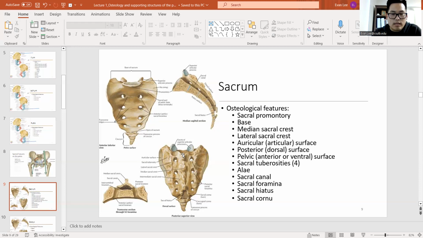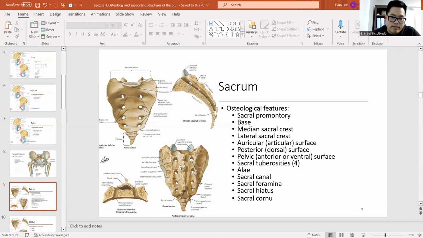So median sacral crest, that's going to be going right down the midline of the sacrum with these prominent bumps. And the lateral sacral crest, you can see over here and over here, those are slightly lateral and to the sides of these holes or foramina. So these will be the sacral foramina, which are going to be going through the sacrum, which is where various nerves will be able to travel through.